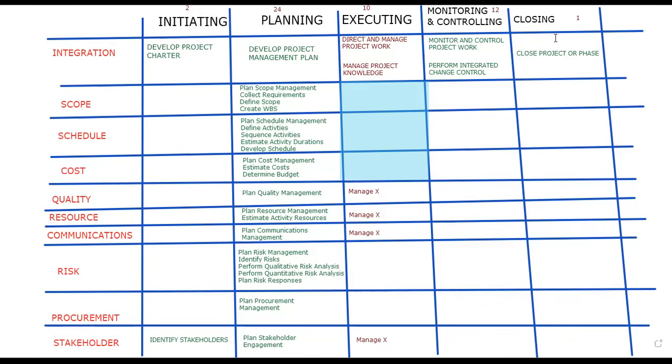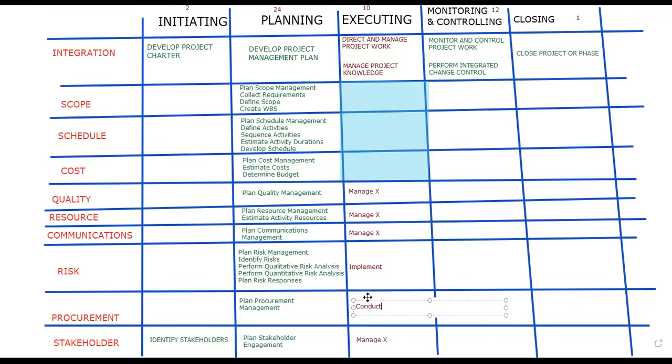So when you're trying to keep a count, you've got to ask yourself, is there anything missing? In risk, we don't have a manage something. Instead, we have an implement, the word implement, right? And then for procurement, we don't have a manage, we have a conduct.